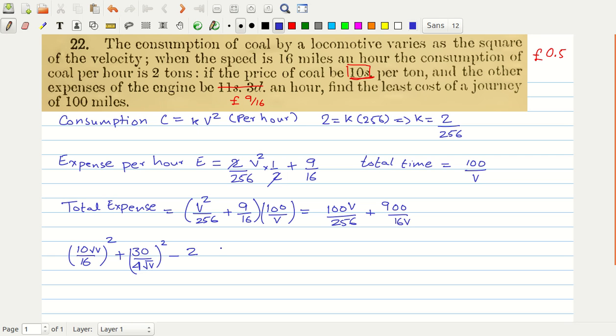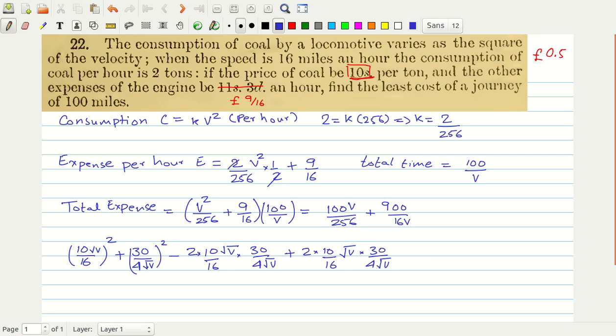Minus 2 times 10 root v by 16 times 30 by 4 root v, and if we have subtracted this term, we have to add this term also. So it is 2 times 10 by 16 square root of v into 30 by 4 square root of v.